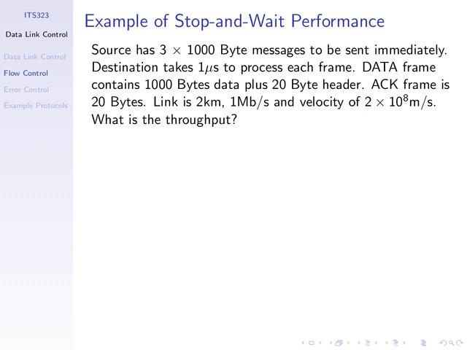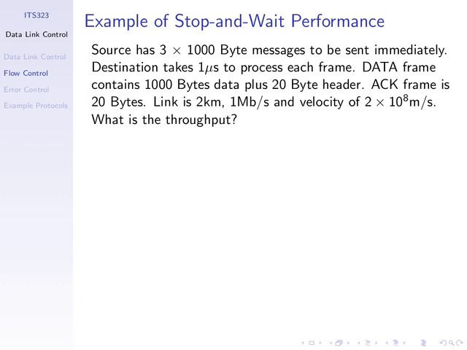In this example the numbers are the same, 1,000 and 1,000, they don't have to be. If this was 500 bytes, it means a data frame contains 500 bytes of data, then we can only send 500 bytes in the first frame. So each data frame is distinct or separate from the data that arrives from the higher layer.